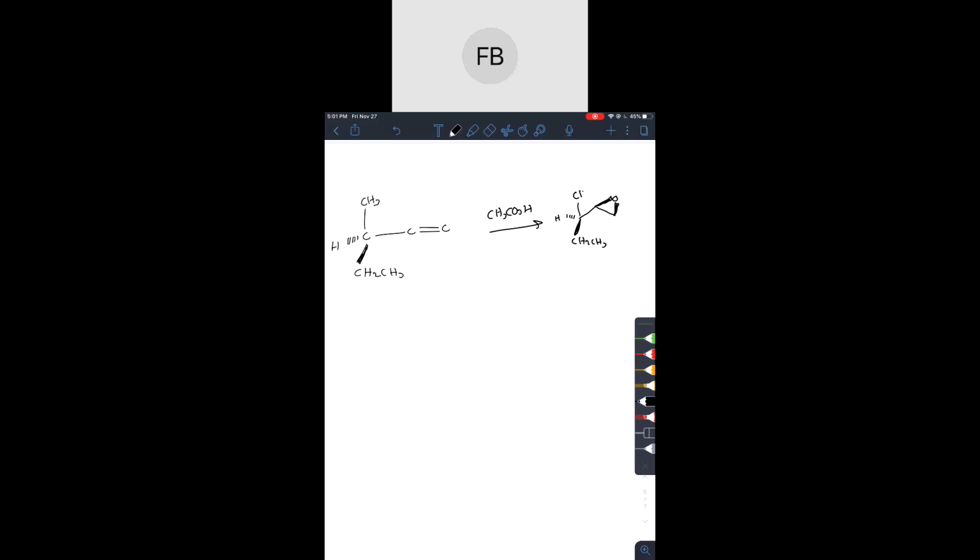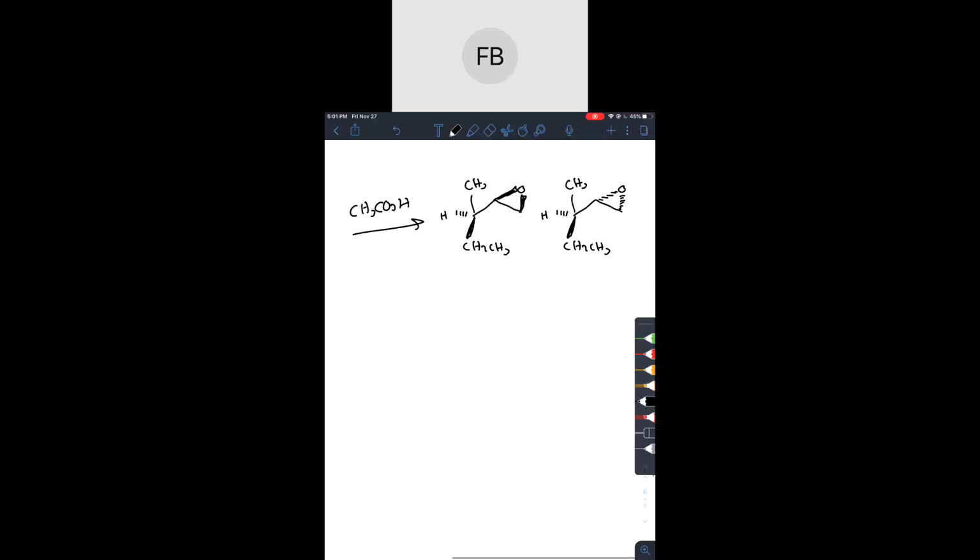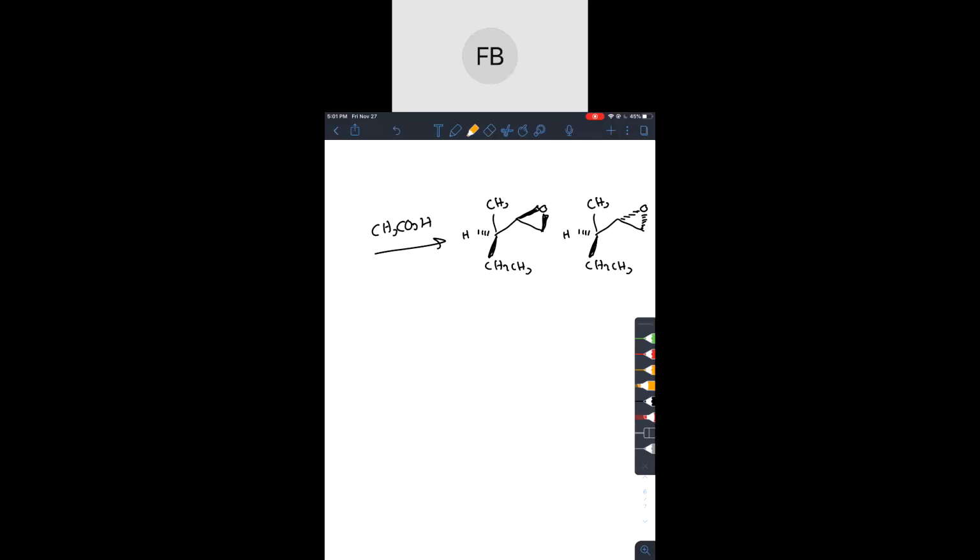So it's going to form this, but also something very similar to it. The only difference is that the O's are going to be backwards instead of forwards. So when you look at this, since this one stayed the same for both of them, right?